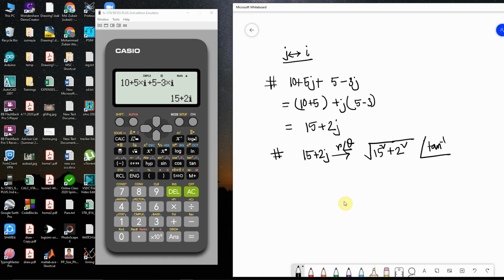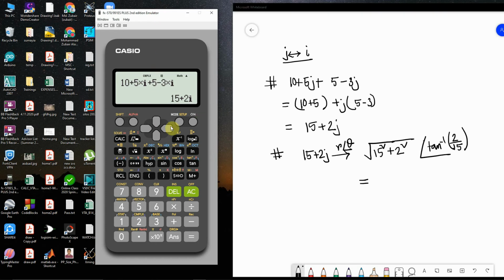In this case it is 2 by 15, right? This will give you the angle. But with the help of this calculator you can do this directly. Say we want to convert this 15 plus 2j or 2i. So write this value 15 plus 2 times i.